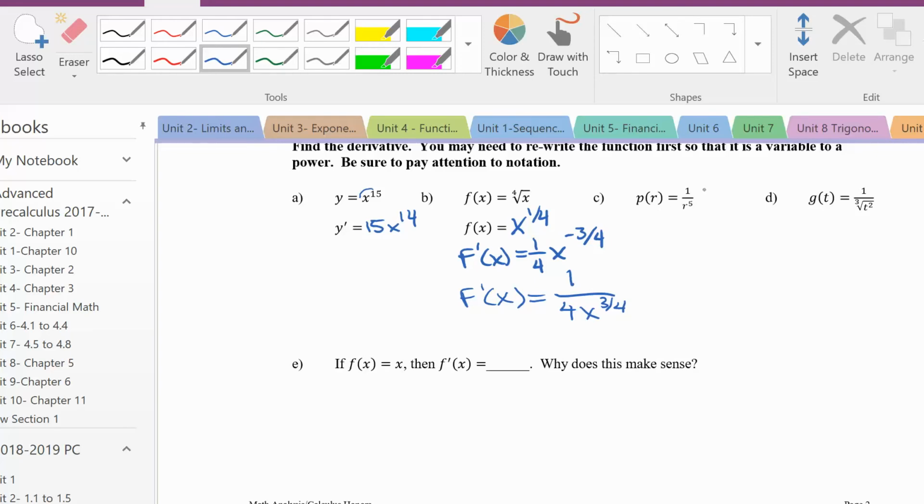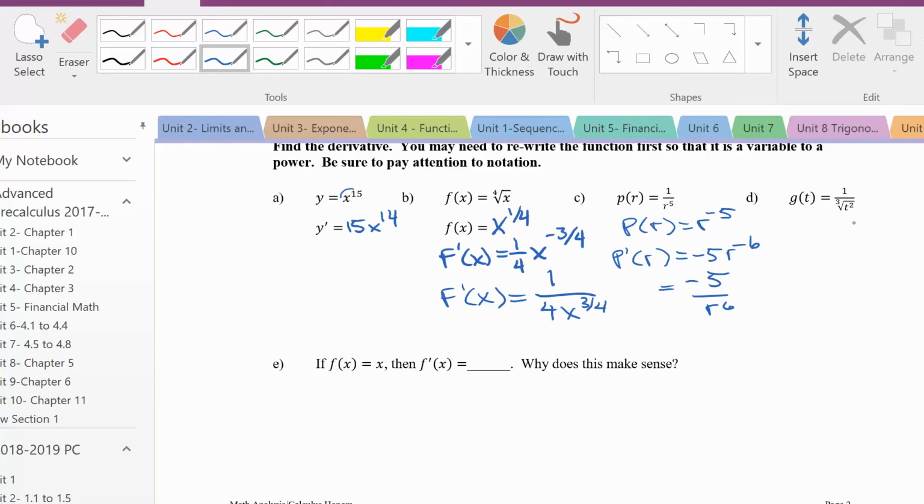All right, so p of r equals 1 over r to the 5th. That's the same as saying r to the -5th. So when you take the derivative, you get -5r to the -6th, which is the same as -5 over r to the 6th. And then the last one here, we'll make this t to the negative 2/3 power.